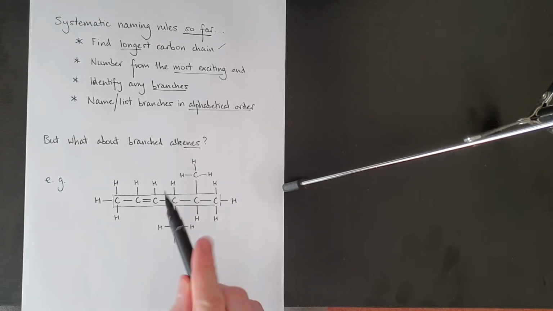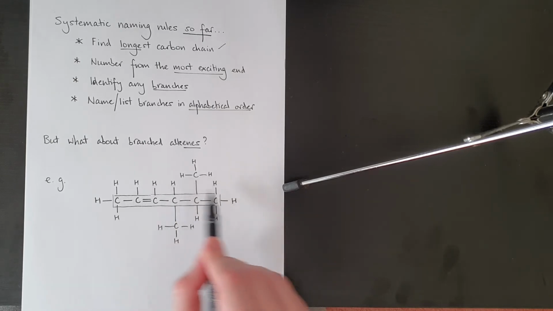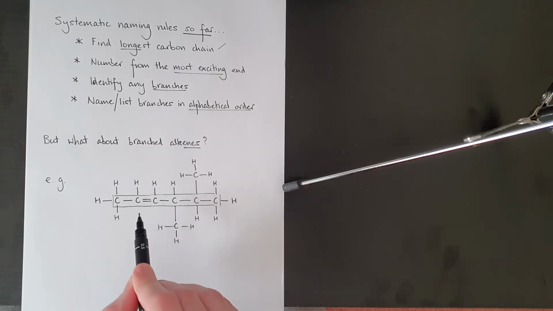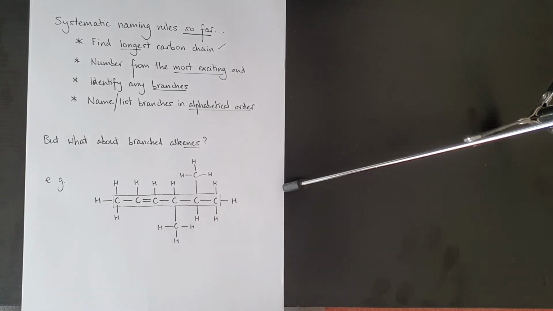So, in deciding which end we should name from, the most exciting end lies with wherever the double bond is. And it's also important to mention that whenever I'm choosing my longest chain, if there's a double bond, that double bond has to be included in that chain.